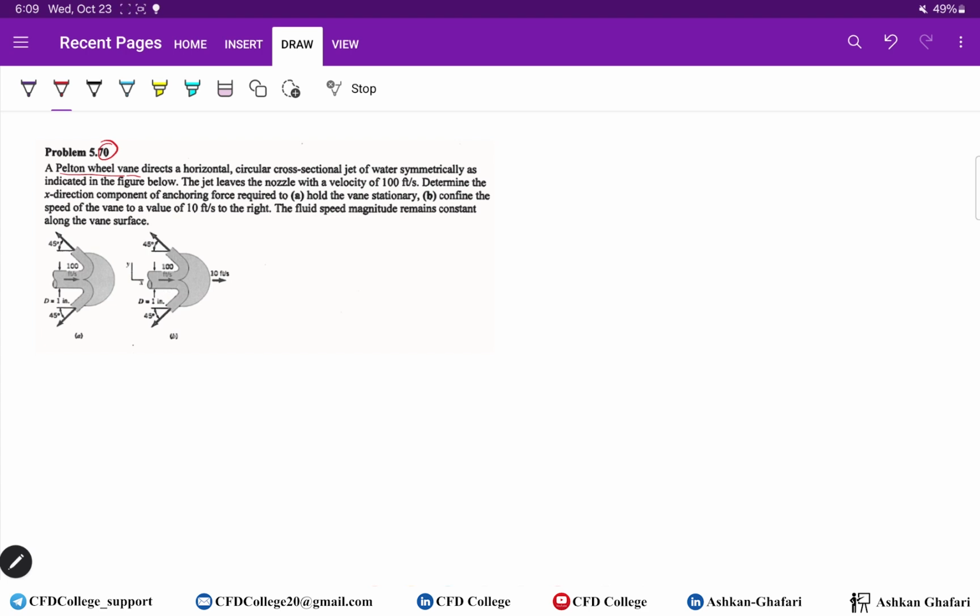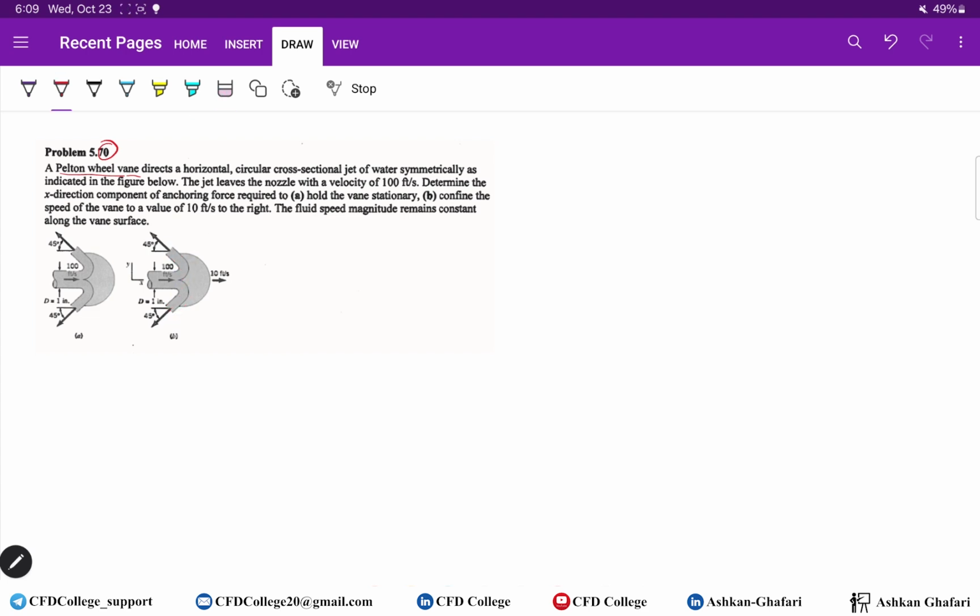Some of the students make this mistake and think it has two outlets. No, it's symmetrical. So basically it's 3D and we have only one outlet here, but this is symmetrical.